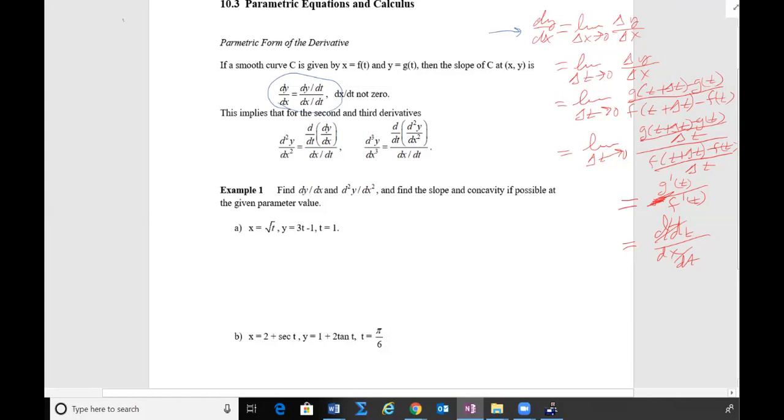You have this curve out here, and you have a couple of points. This is your delta y, and this is your delta x.